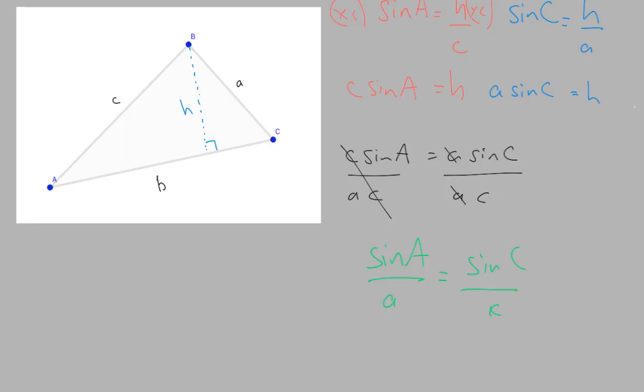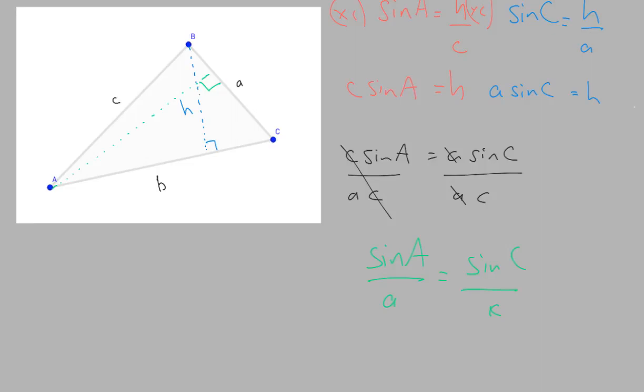Now, we could repeat this whole process by putting, for example, an h in this triangle and saying, okay, now we have two right angle triangles, this one and this one.